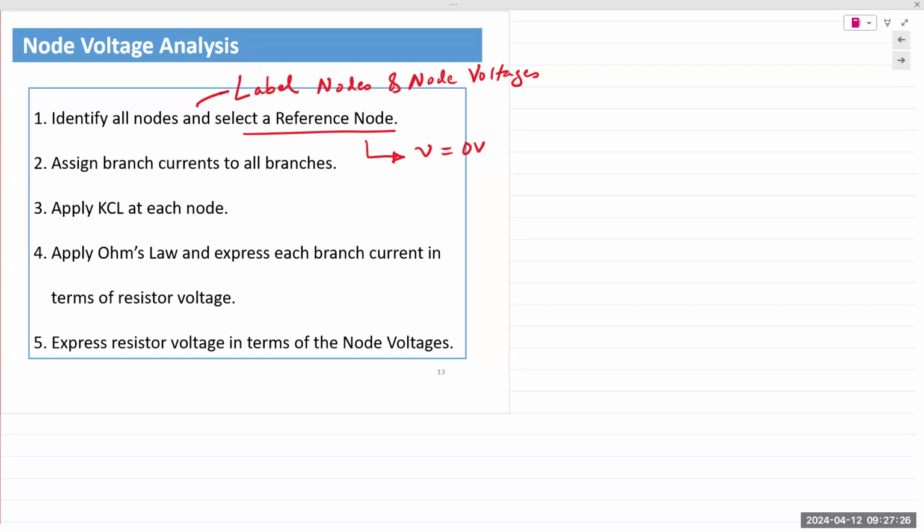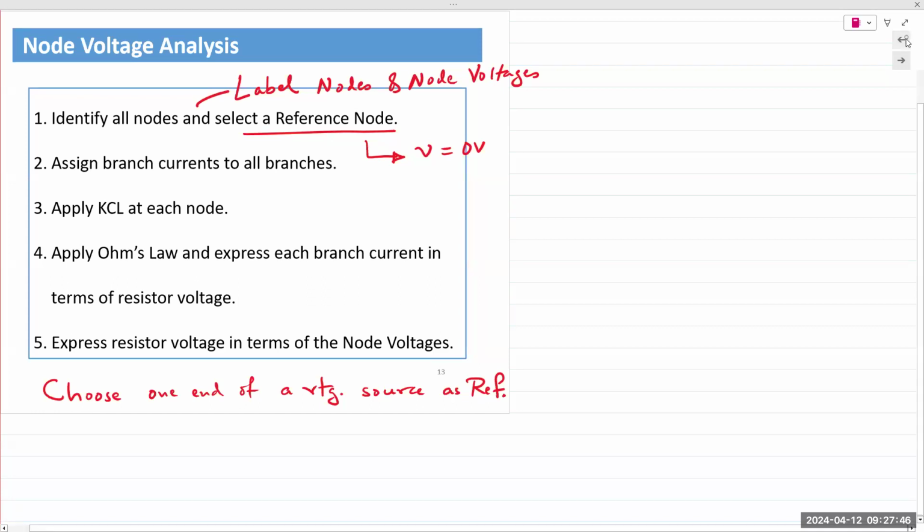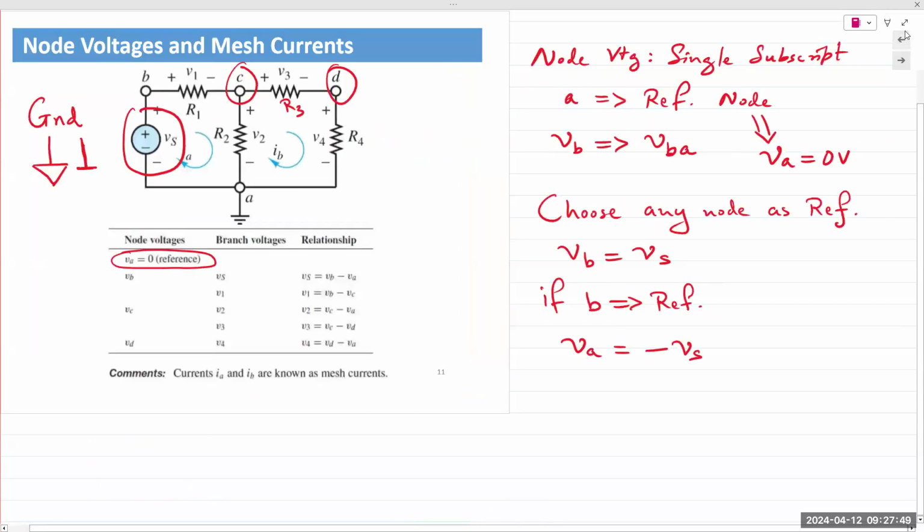Now, one important note that I pointed out last class is choose one end of a voltage source as your reference. I stated this here.